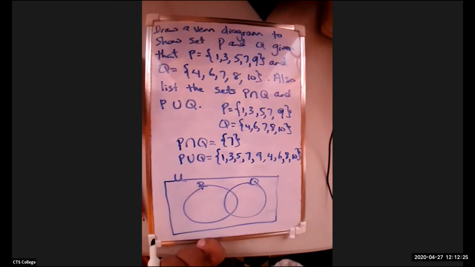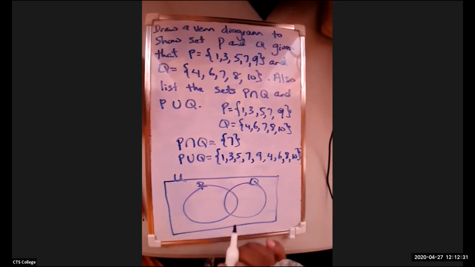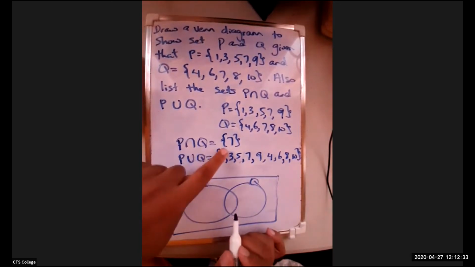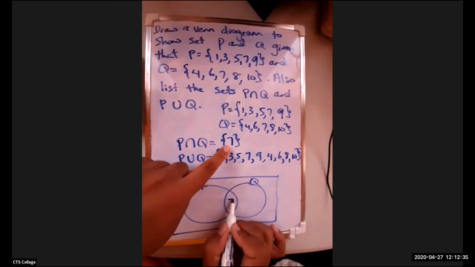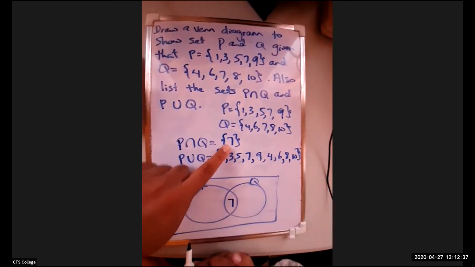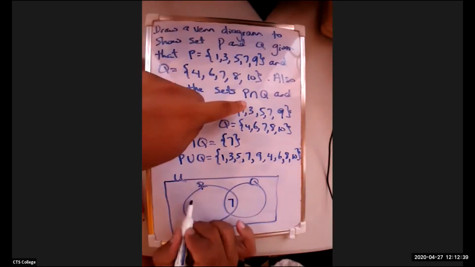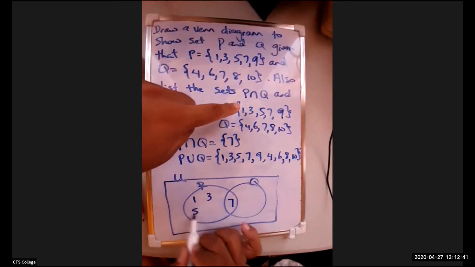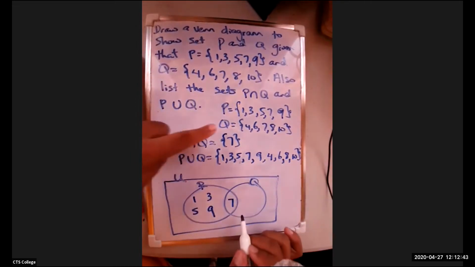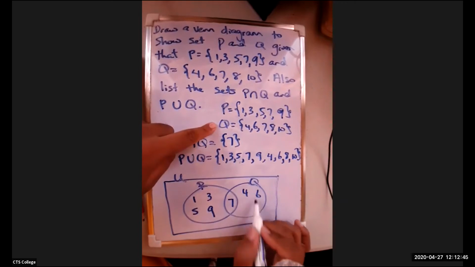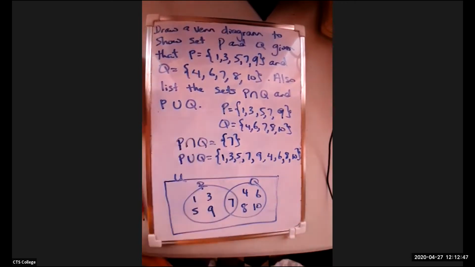Because I told you at the beginning of the session with set theory that elements are never repeated. Since we know that it has something in common, which is 7, we put 7 in the middle. And what remains in P is 1, 3, 5, and 9. And what remains in Q will be 4, 6, 8, and 10. And that is all.